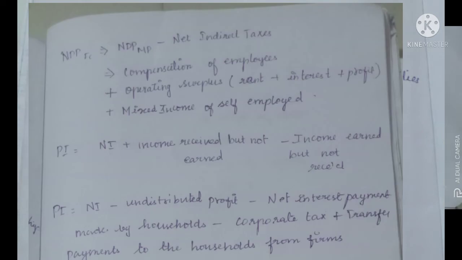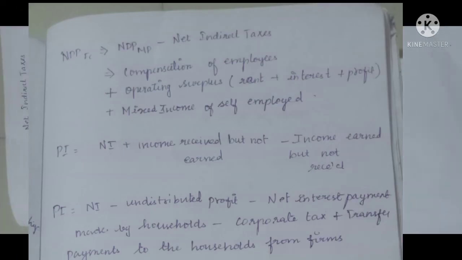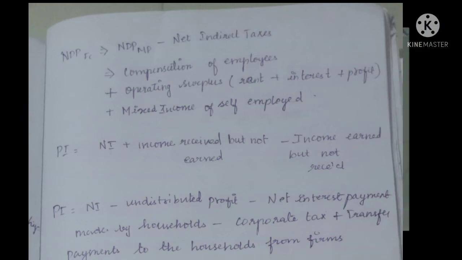And the formula for NDP at factor cost is equal to NDP at market price minus net indirect taxes, which is compensation of employees, operating surplus, the same rent, interest and profit, and mixed income of self-employed.